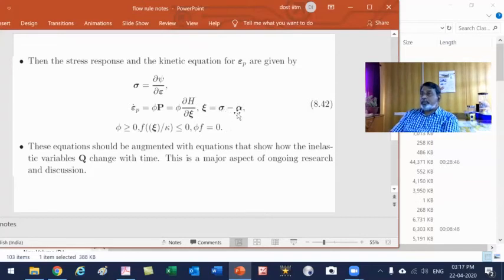We also have to introduce how alpha is going to vary and how kappa is going to vary. So all those variables have to be shown to be how they are varying. The evolution of these variables Q should be specified with respect to time. This is basically what we need to do in order to define the constitutive equations.